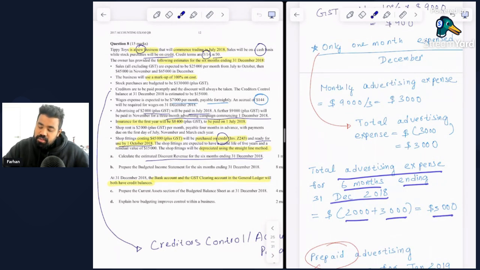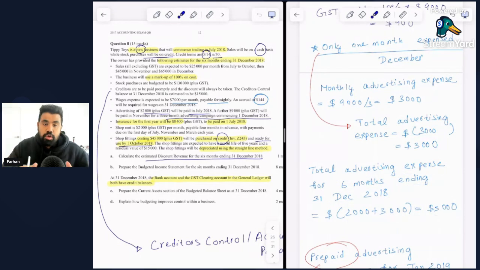So the total advertising expense the business consumed is $2,000, which refers to the payment we made in July 2018, the economic benefits of which have already been consumed, and $3,000, which is the advertising expense portion for the 1 month of December. Together, this gives us $5,000.